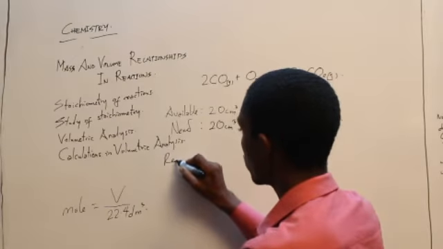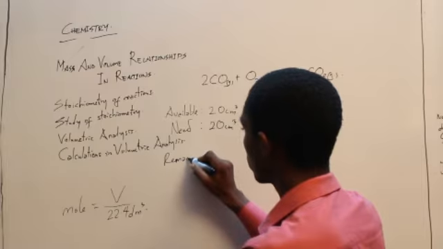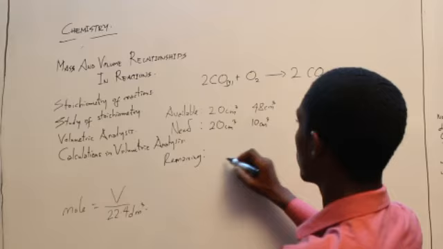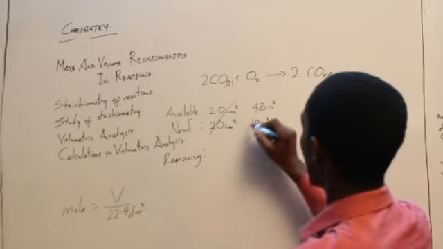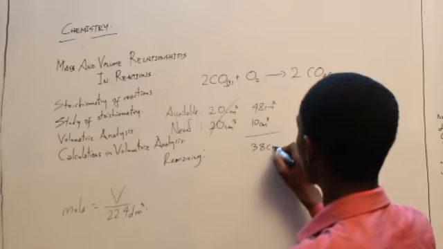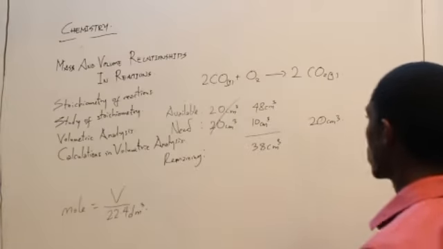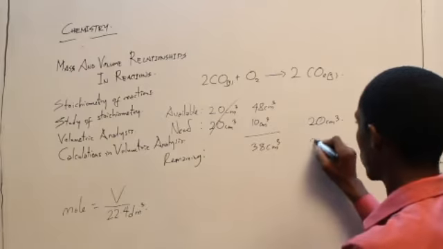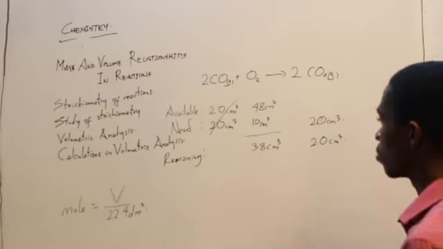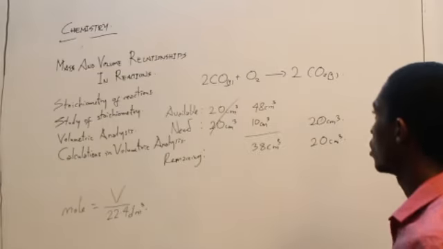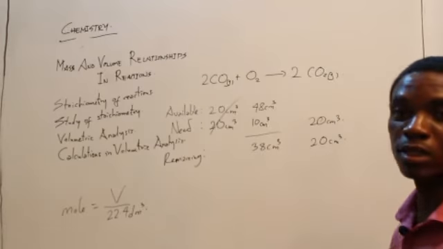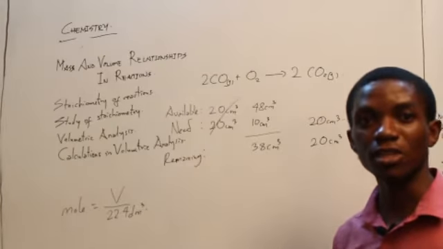Now, what will be the residual gas, that is the remainder? Of course, this one will have no remainder. They will cross out. While this will give us a leftover of 38 cm cube of oxygen, and of course, the entire 20 cm cube of carbon dioxide would be available.